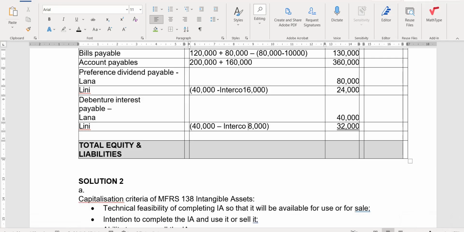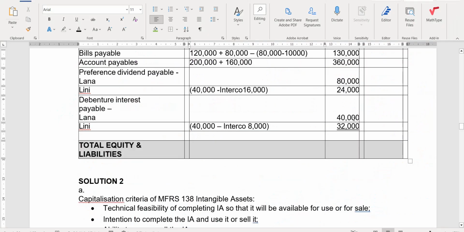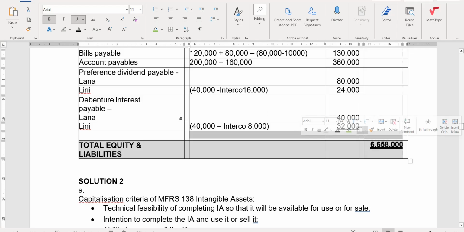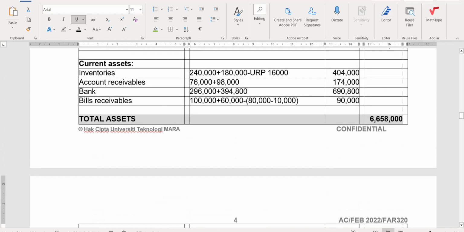Right, so let me just show you again. This is the one here, here, and here. So you will see that the figure here is 32, and with that you will see that the total will be 6.658 million, and this is going to equalize the total in the asset.